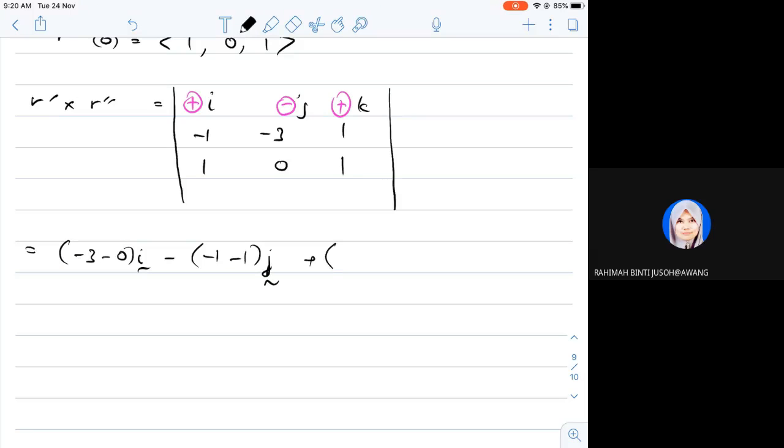And then plus, close the third column. So 0 minus -3. So -3k, like this. Okay, and then we will have -3. So I put a sharp bracket for the vector, right? So -1 should be +2, and then -3. So 3. Okay, so -3, 2, 3.